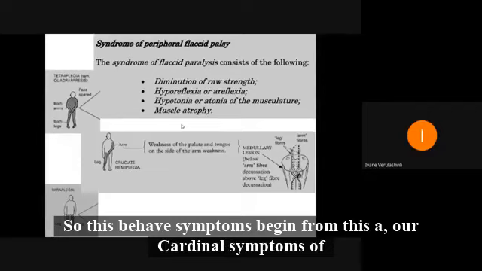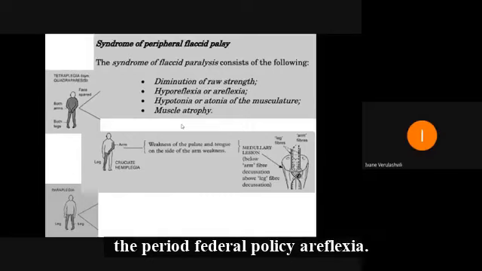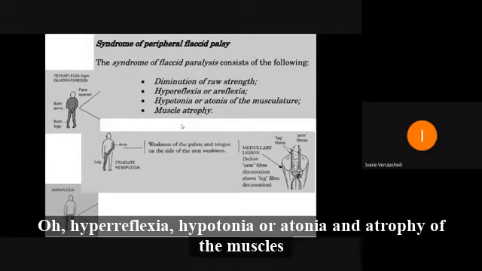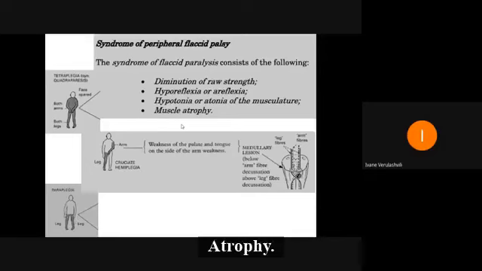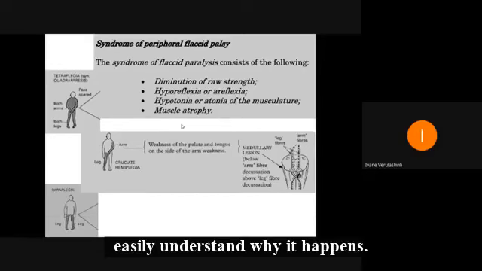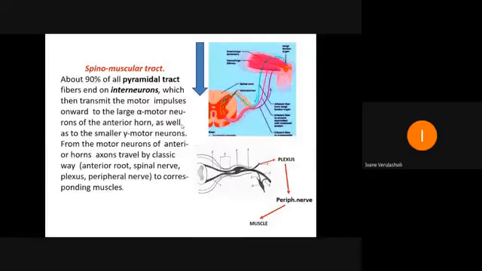So these three A symptoms, beginning with A, are cardinal symptoms of peripheral palsy: areflexia or hyporeflexia, hypotonia or atonia, and atrophy of the muscles. These are symptoms of peripheral or flaccid palsy, and you can easily understand why it happens.